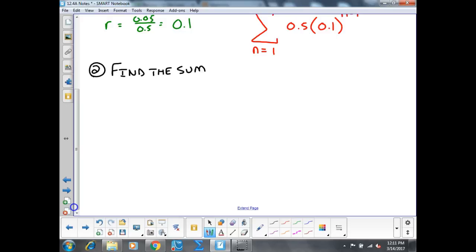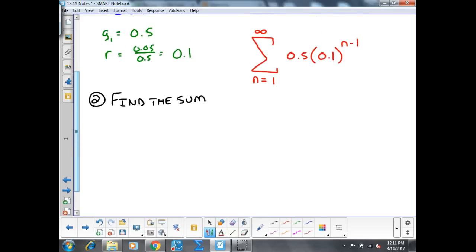What do I need? Already got them, right? I found them when I was setting up my rule. Okay?